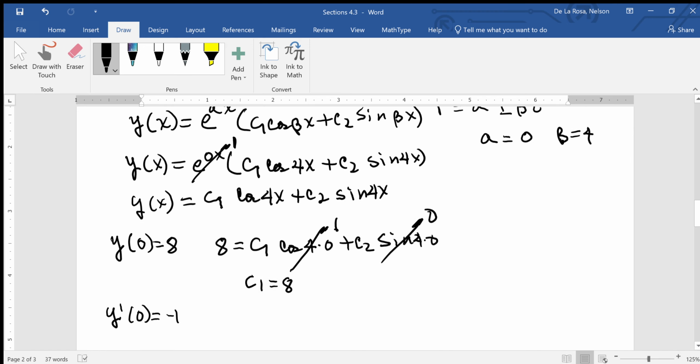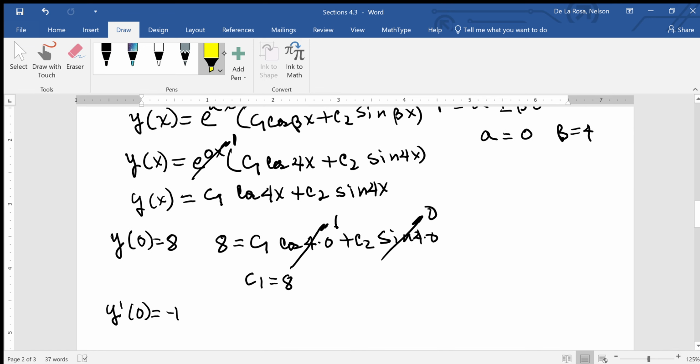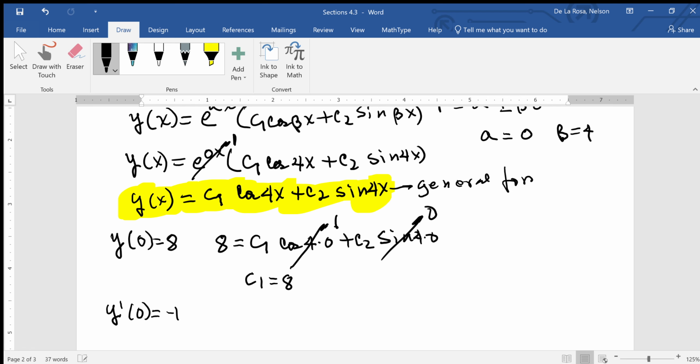So the derivative of the general form is going to be simply negative 4 c1 sine of 4x plus 4 c2 cosine of 4x.